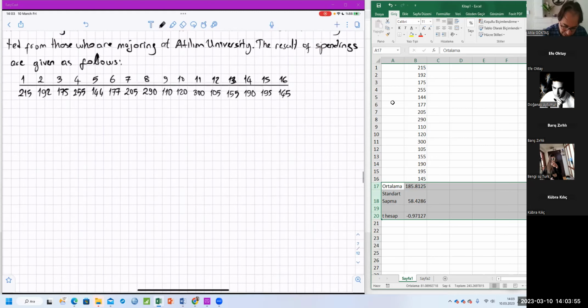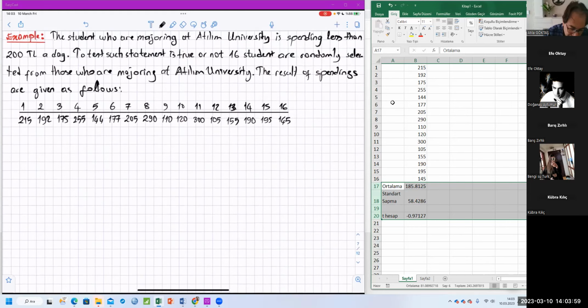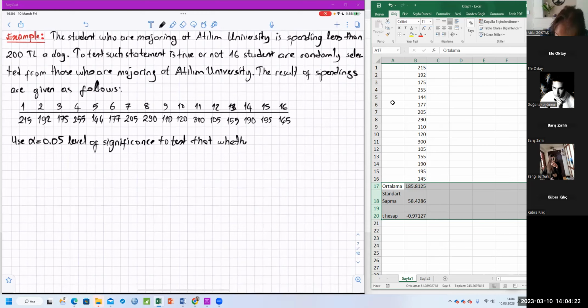Okay, let's complete the question. Use alpha 0.05 level of significance to test whether the students of Atılım are spending less than 200 Turkish liras a day on average.